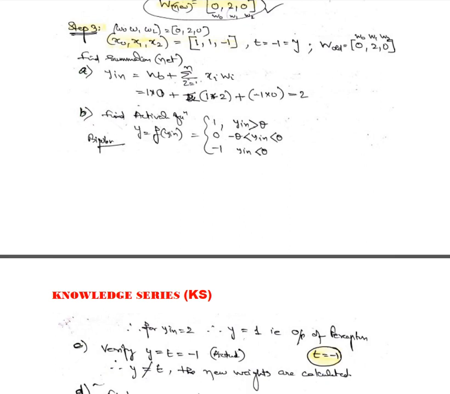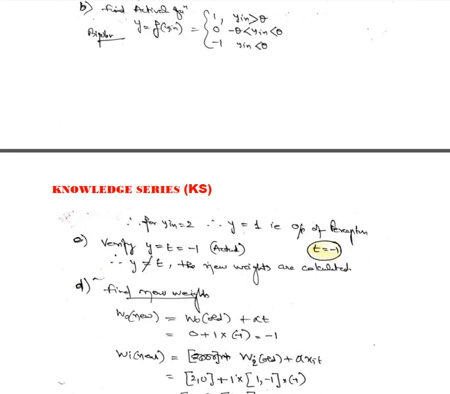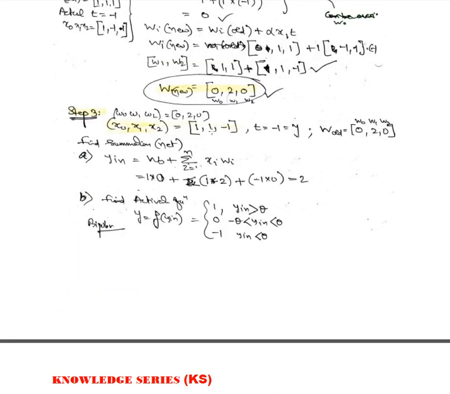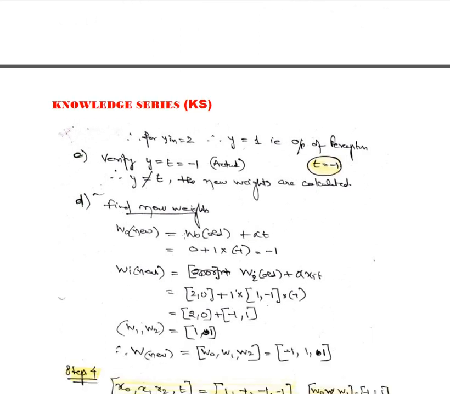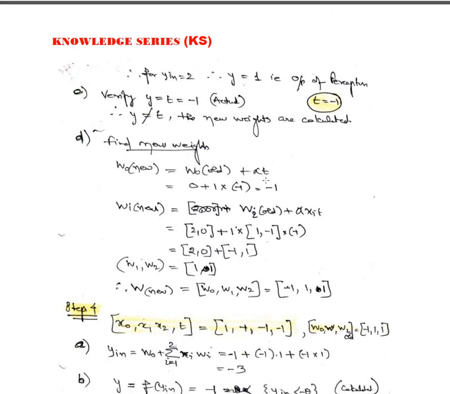Now when it is showing 1, the target is -1. So it is not satisfied, and weight adjustment takes place. Now the new weight is how? The W old plus alpha t. So here 0 plus 1 into -1, so we get a new weight of -1. Wi new is equal to Wi old plus alpha xi t.